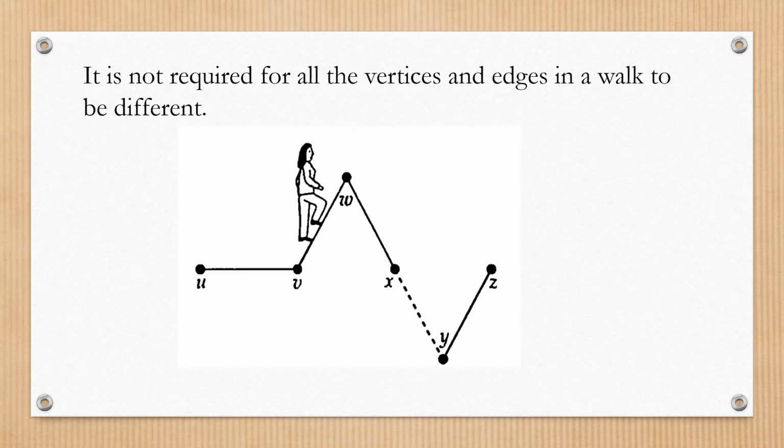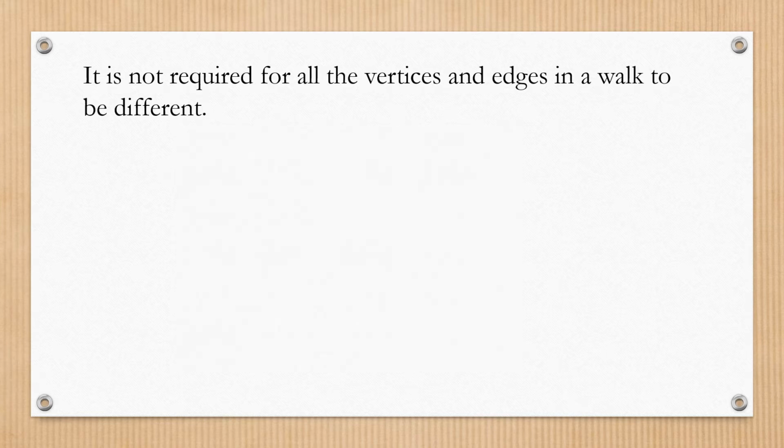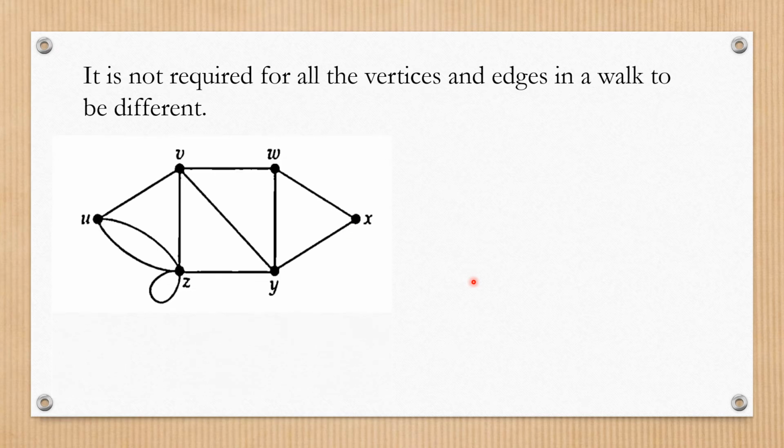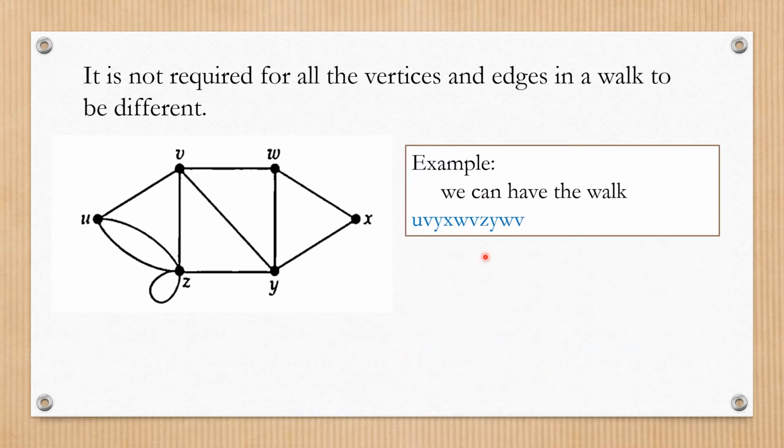For example, let's say we have this graph, and here is our walk. We want to walk from U, going to V, going to Y, then X, then W, then V again. As you can see, we pass by the vertex V again.